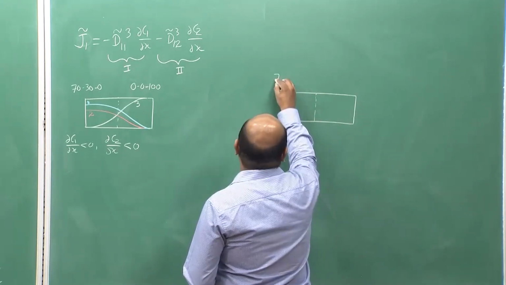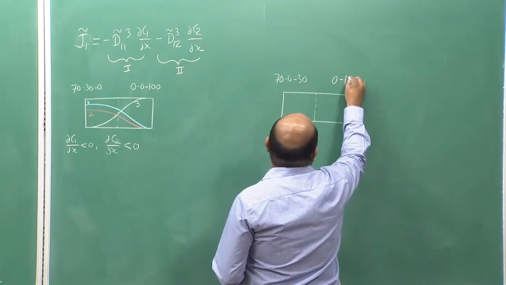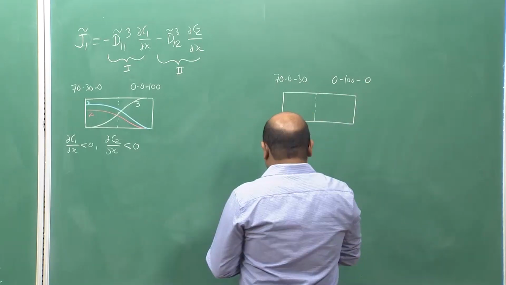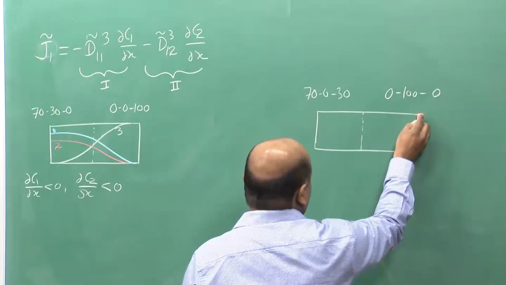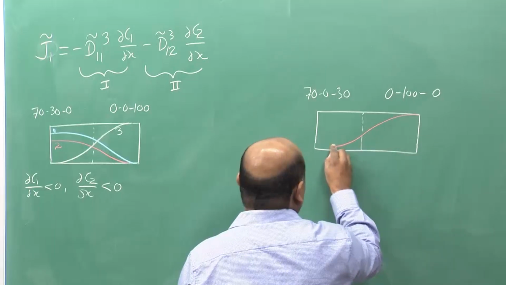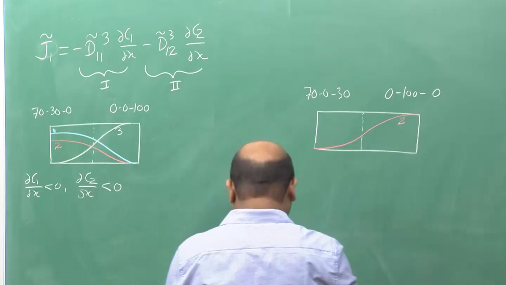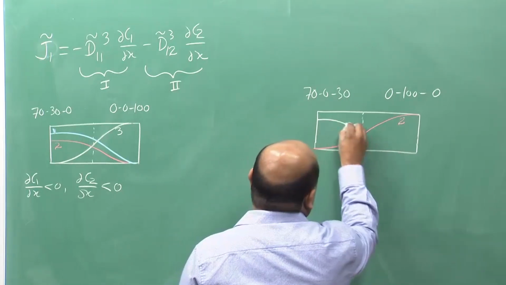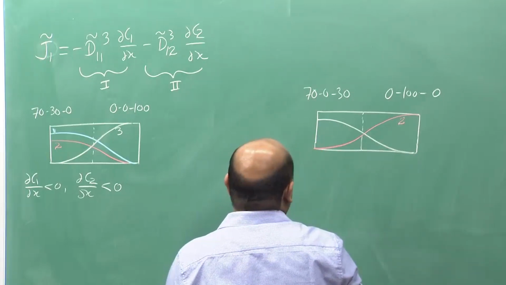The second case I am considering is when the two gradients are opposite. So let me assemble 70, 0, 30 with 0, 100, 0. So the second terminal alloy contains 100% of component 2 to start with, and the first is again 70 and 30.